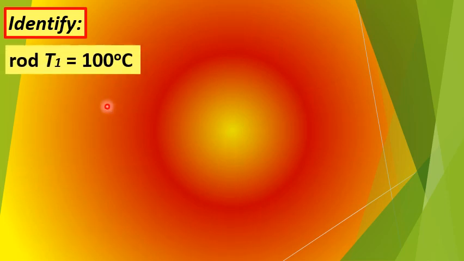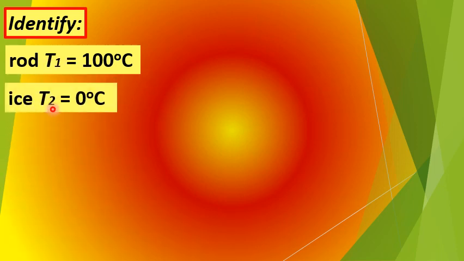For our solution, let's first identify the important data mentioned in the question. One end of the rod has a temperature that is maintained at 100 degrees Celsius. So that is our temperature T sub 1.